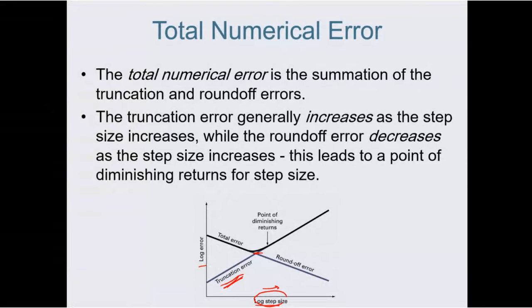Somewhere in between you decide your step size. Of course, it's going to be different from one problem to another. It's not something fixed that every time you use this step size. It depends on the problem. The step size has different effects on different problems.